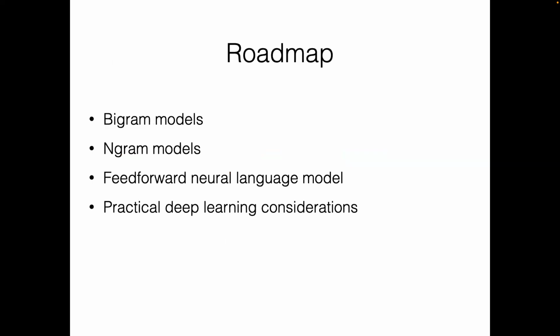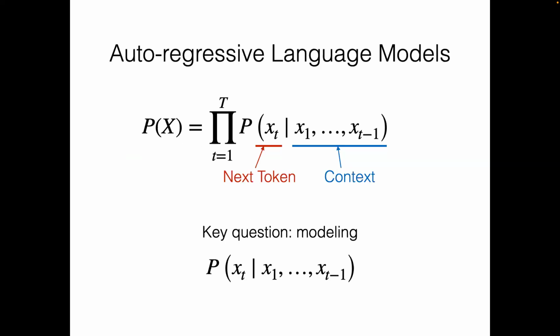Okay. Does anyone have any questions about this so far? We'll step through all of the details about this, so you'll see the details in a second. Yeah, here capital T will be the length of the sequence.